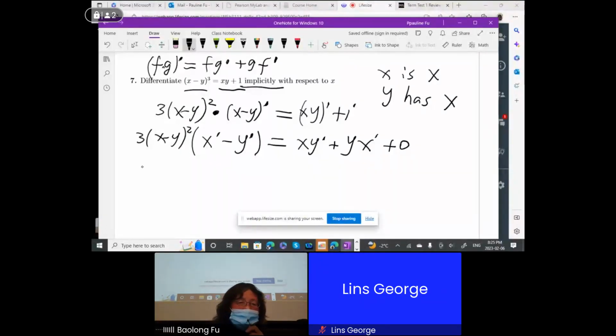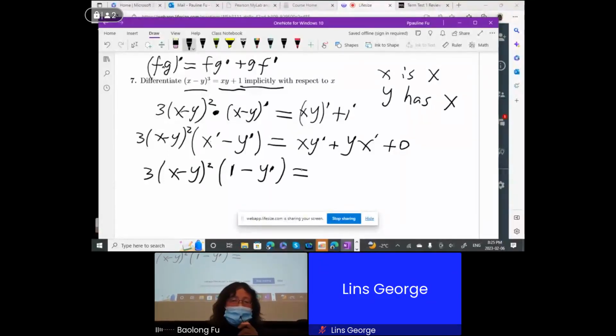And now continue. The x derivative is 1. The y derivative is just y prime. On the right hand side, the x derivative is 1.